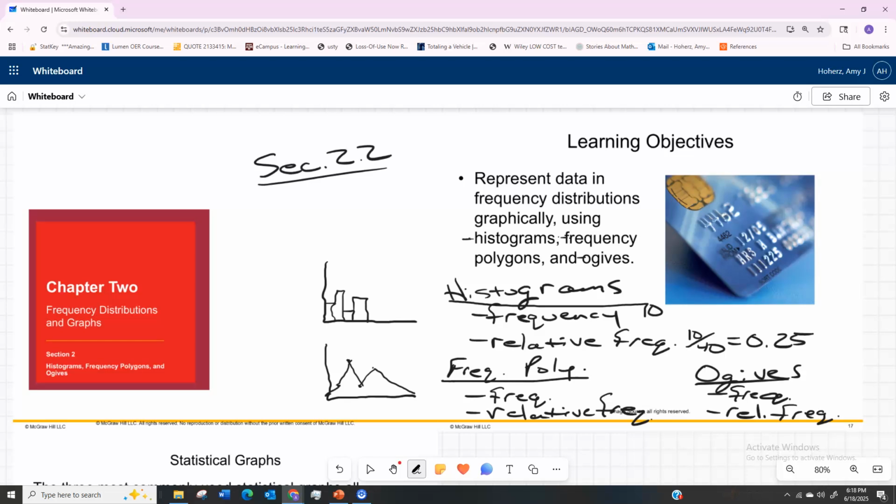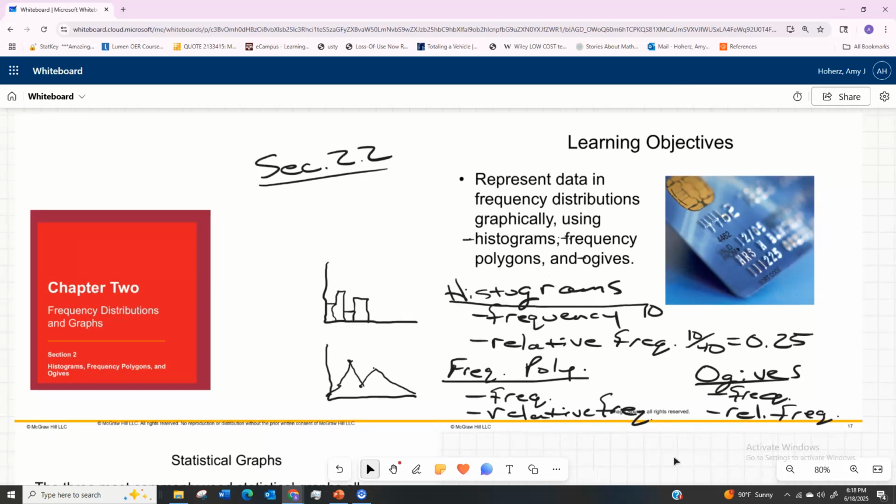And then ogives. Ogives used to be called cumulative frequency polygons. I'll tell you why I don't think they're called that anymore when we get to them, but basically an ogive is where you are listing the cumulative frequency.